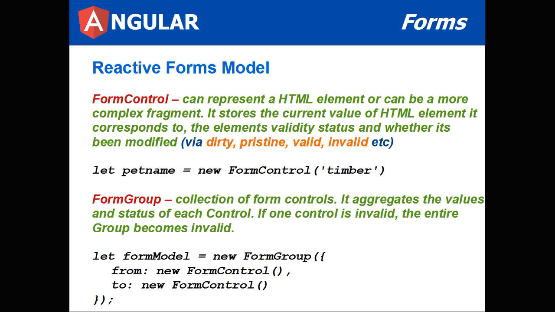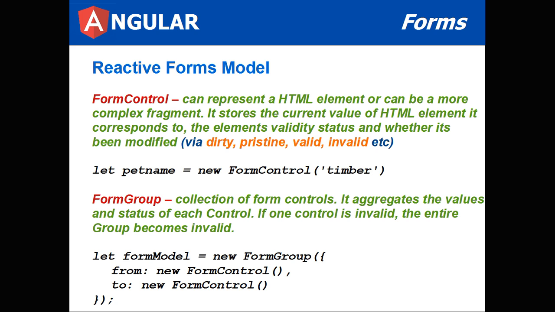A form group is a collection of form controls. It aggregates the values and status of each control. If one control is invalid, the entire group becomes invalid. To create a form group, you can do something like let form model equal new form group, and just specify a JSON object which has an attribute and its type.